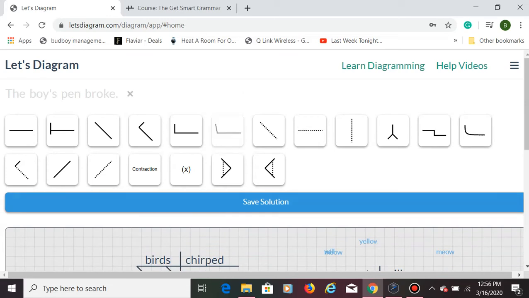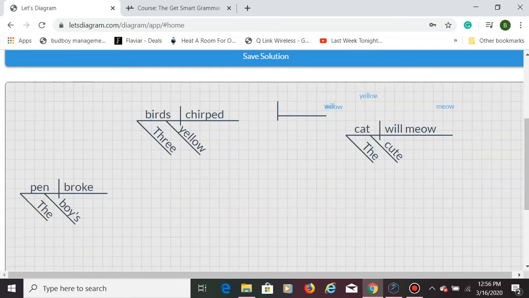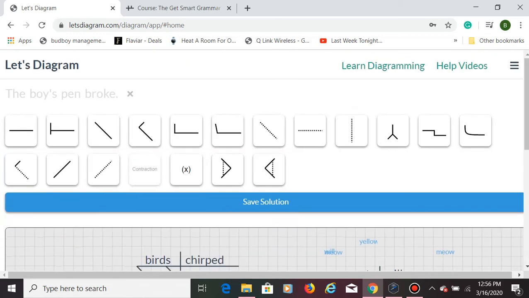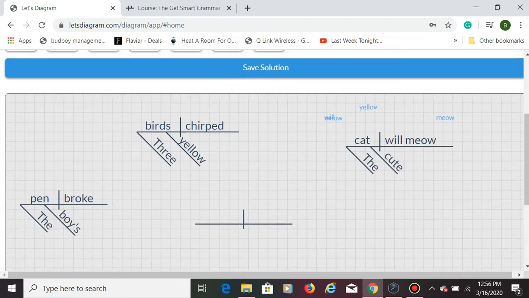Next, for number 4, same thing. We always make our cross at the beginning before we do anything. So, here's our cross. Okay.